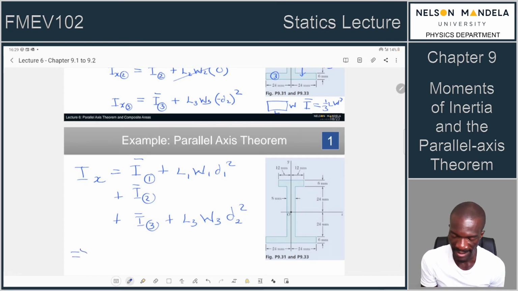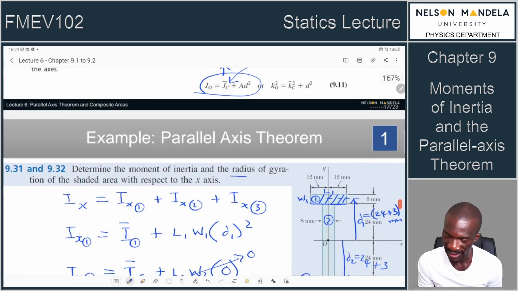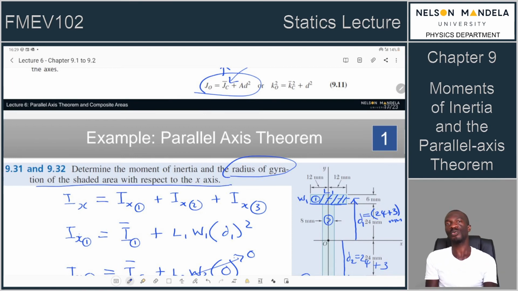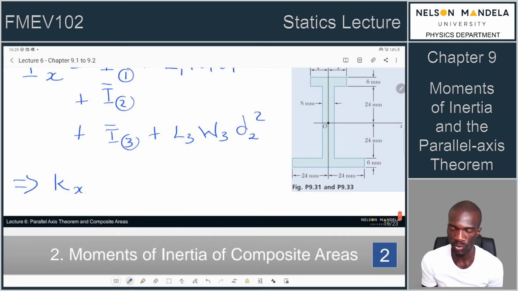This implies the radius of gyration, because they've asked us for the radius of gyration of this shaded area with respect to the x-axis. We already know from the equations that it's simply the square root of Ix over the area.